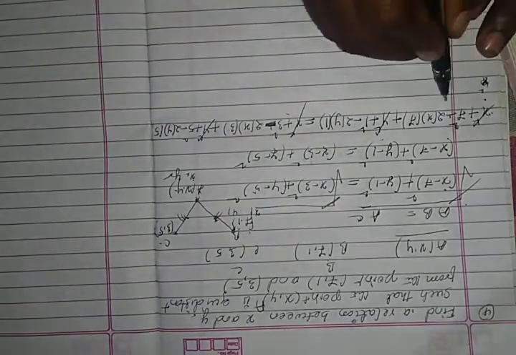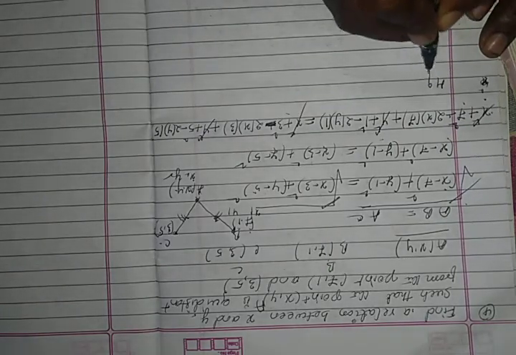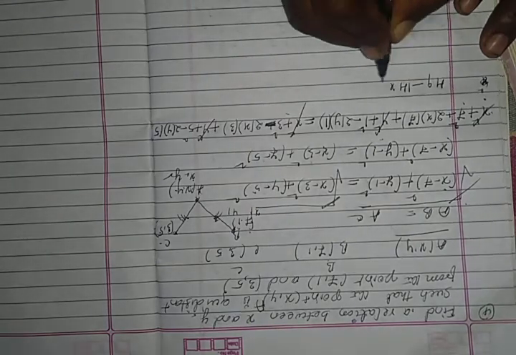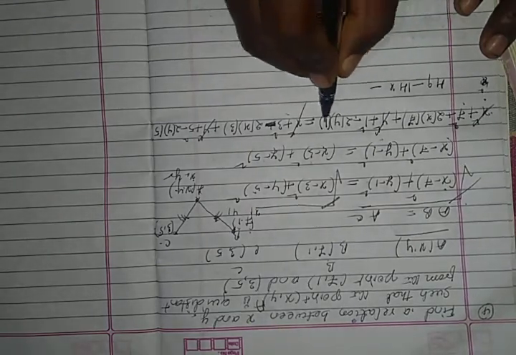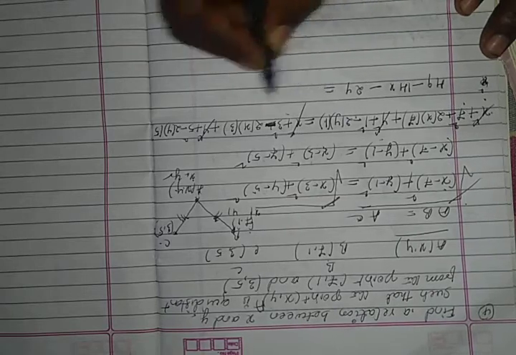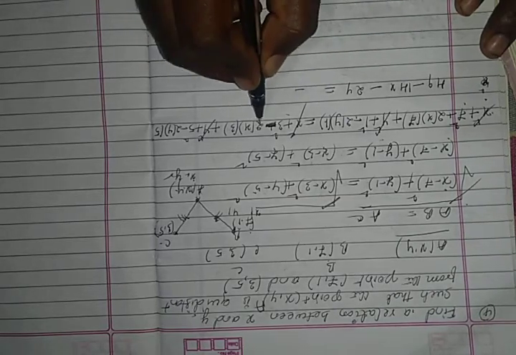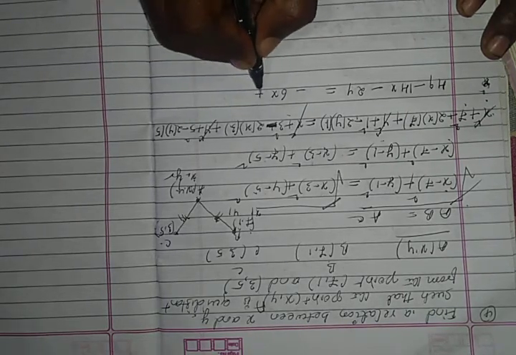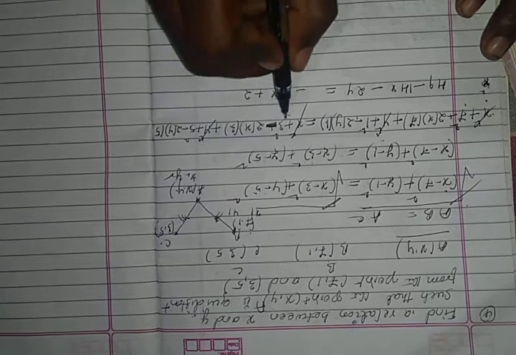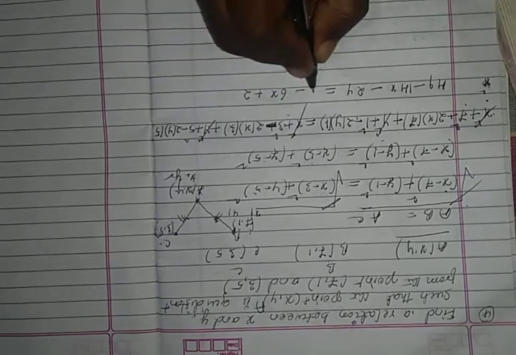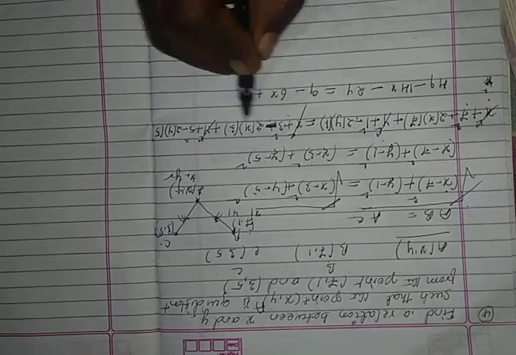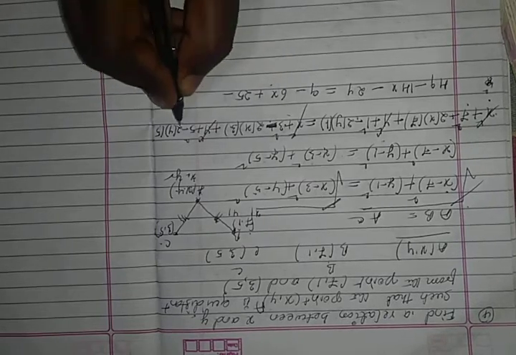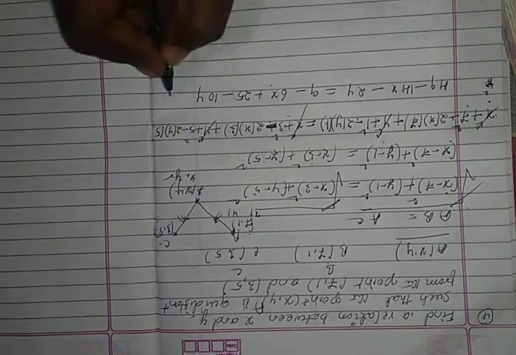So then the remaining is 7 square is 49 minus 2 into 7 is 14x minus 2 into 1 is 2y is equal to minus 2 into 3 is 6x, plus 3 square is 9, plus 5 square is 25 minus 2 into 5 is 10y.